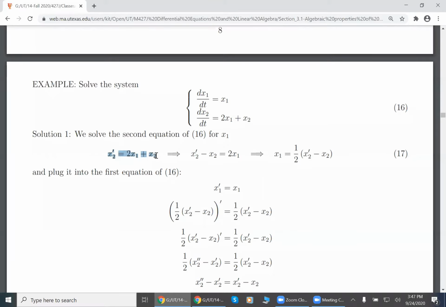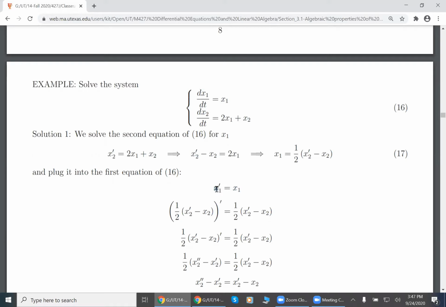Here's equation number 2 of our system. Move x2 to the left, done, and then divide both sides by 2. We solved equation number 2 for x1. Now let us plug this into the first equation. Here is equation number 1 of our system.